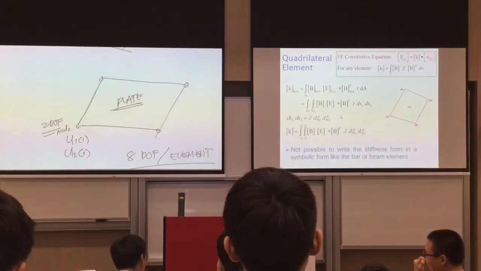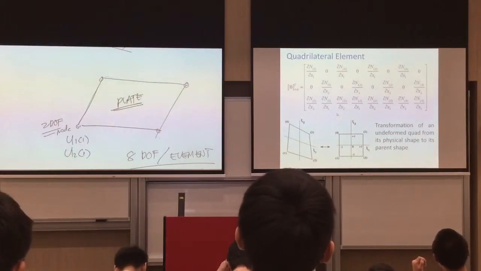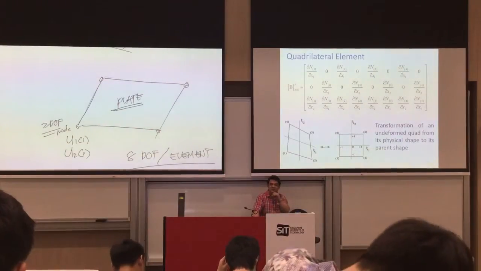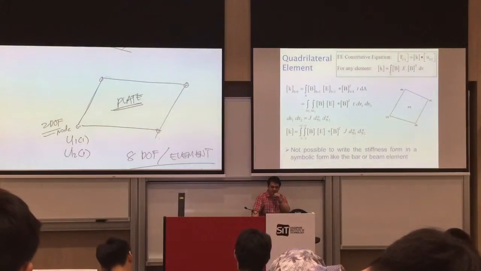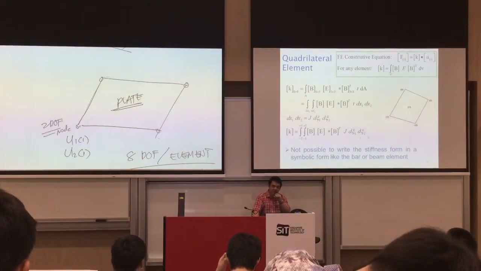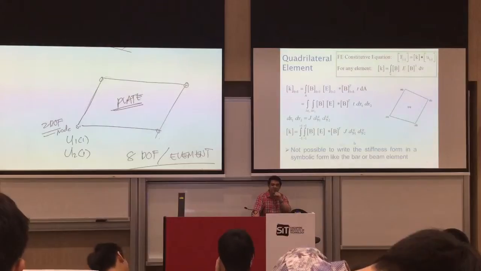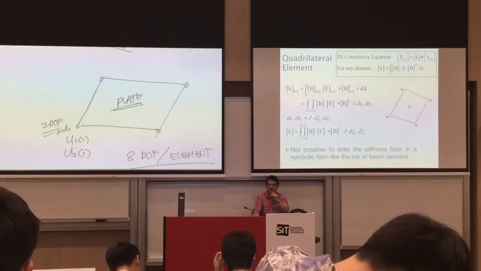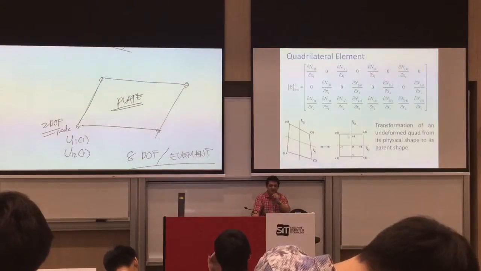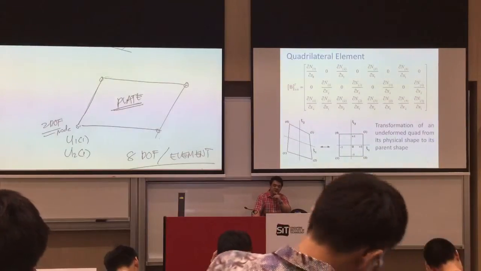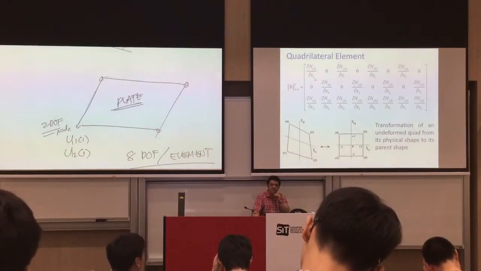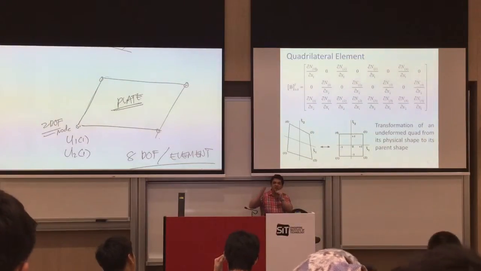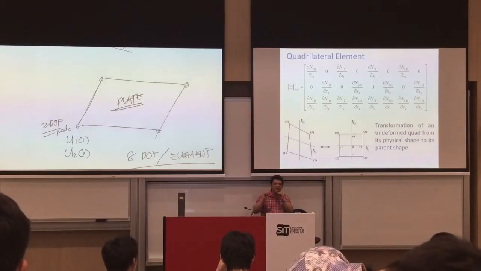So let's try. Let me just show you how to do that. First, you have your strain displacement matrix. Yes? So this is your equation. But you cannot integrate. You cannot get a simpler form than this one. This is the simplest form of your stiffness matrix. So the first thing you have to do is to determine your strain displacement matrix, which is given by this one here. So shape function, what is the shape function? For a quadrilateral element, the shape function is fixed.